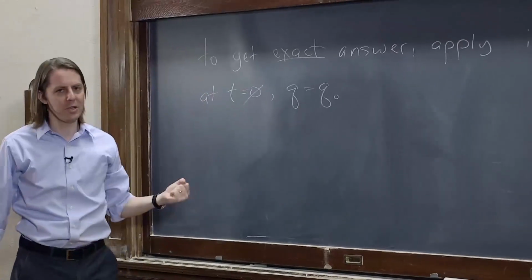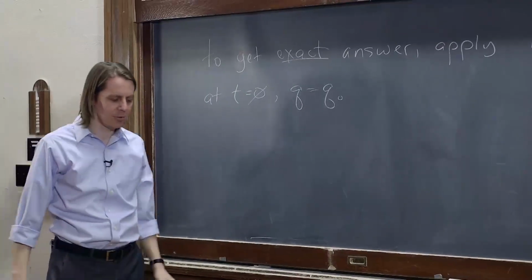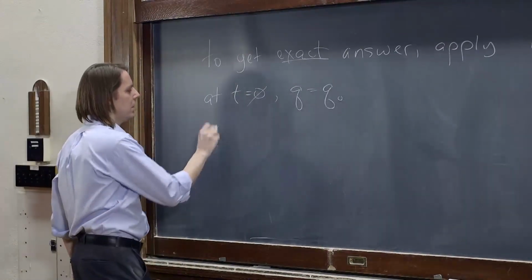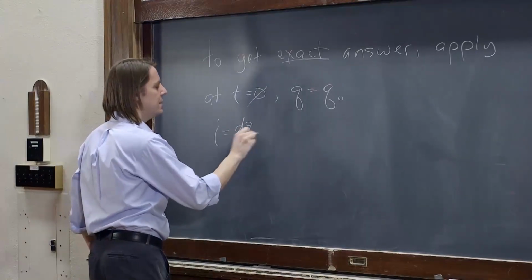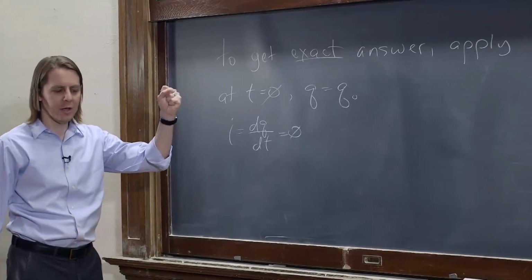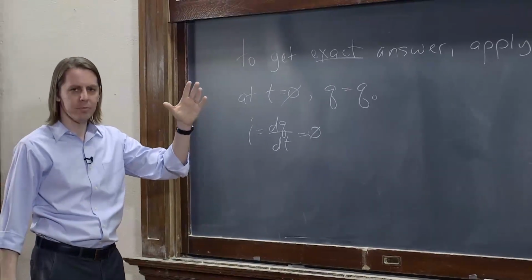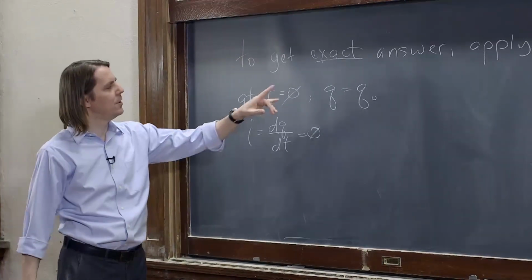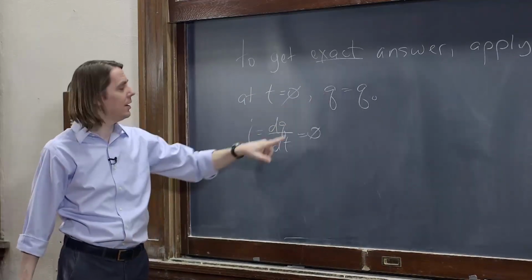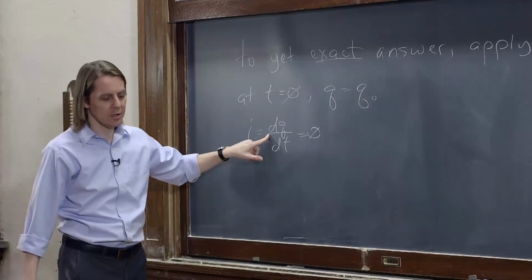That's how much charge we pulled and stuck on the top plate before we released it. And also I, which is dq dt, also equals 0. We're going to start it from rest and release it and see what happens. Okay? So we have two boundary conditions, one on the charge, the function, and one on the rate of change of the function.